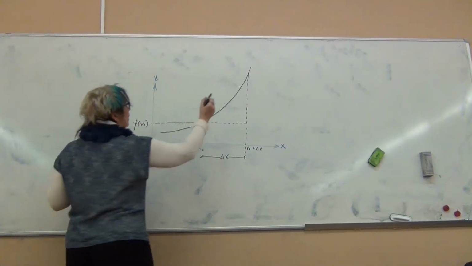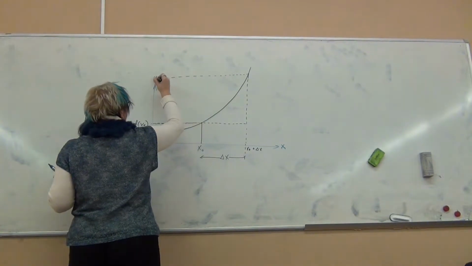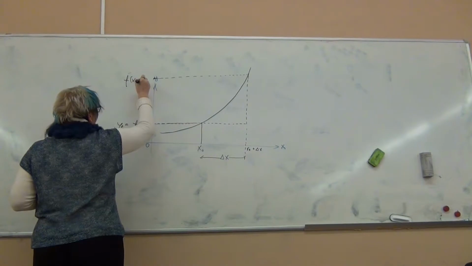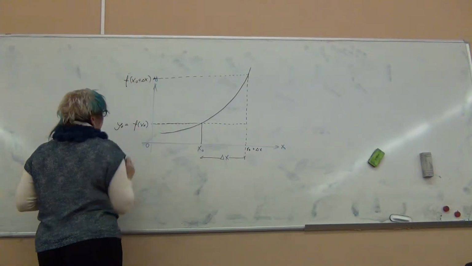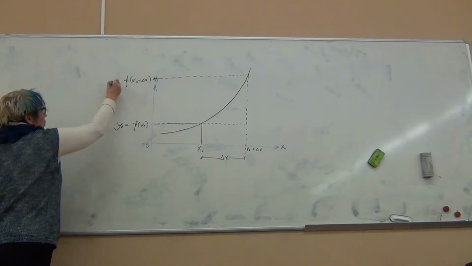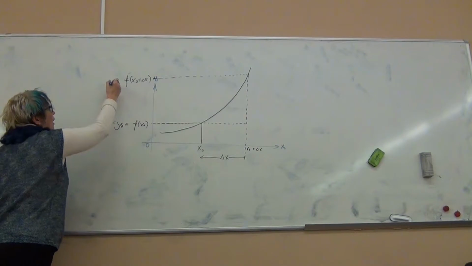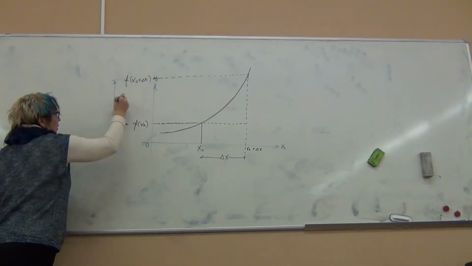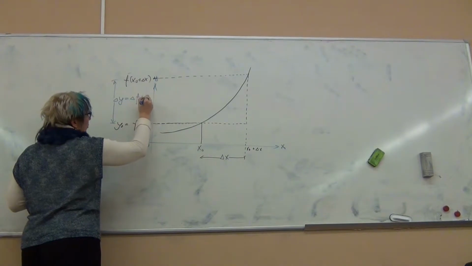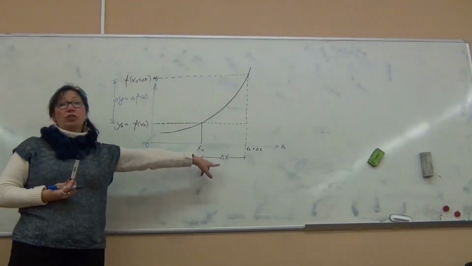And then I have this value of the function, which is f at the point x0 plus delta x. And we can call this difference, the corresponding y increment, delta y, or we can say delta f at x0, which corresponds to this value of delta x.